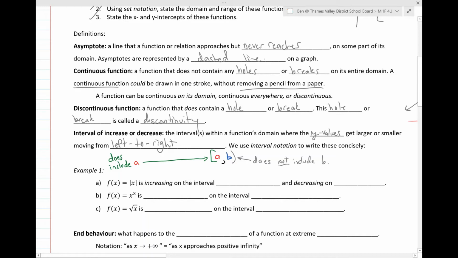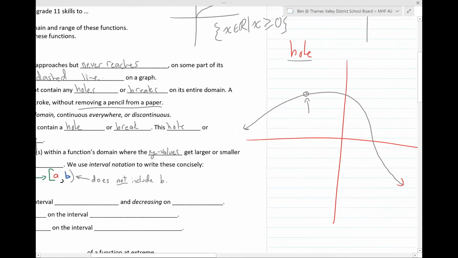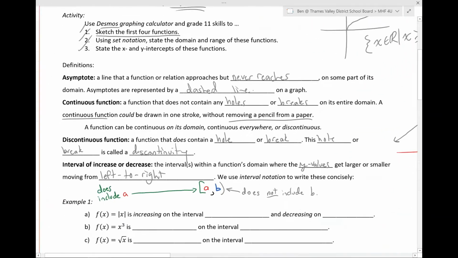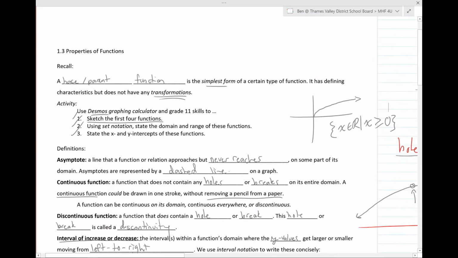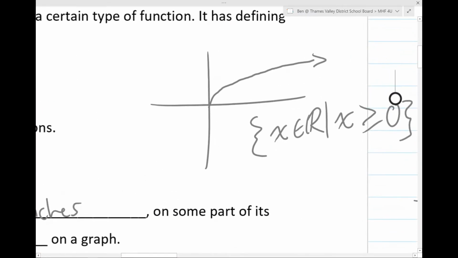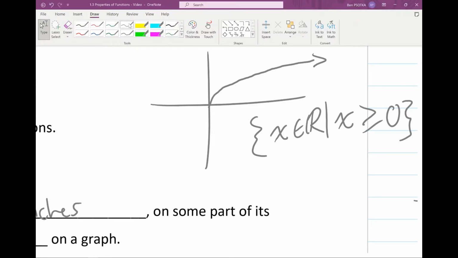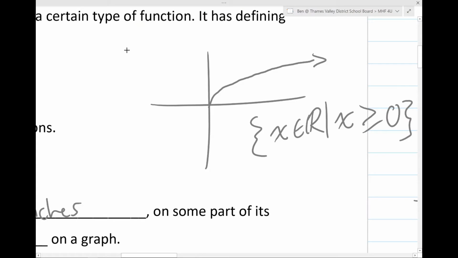This will take a fair bit of practice for your mind to get comfortable with, but it is relatively simple once you get there. If we're checking to see if an interval is increasing or decreasing, we can just draw a vertical line and pull it across.